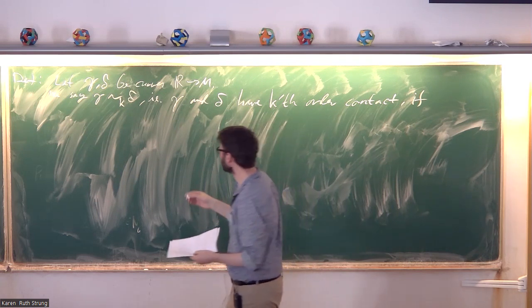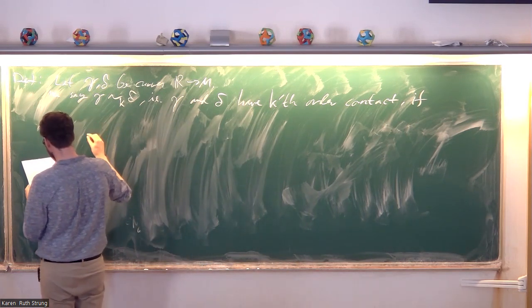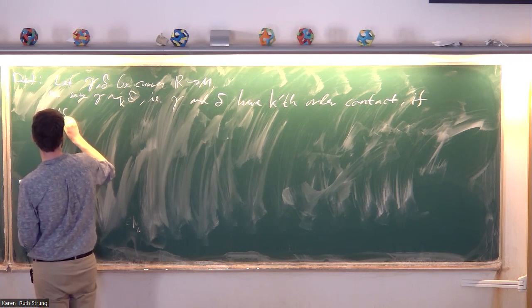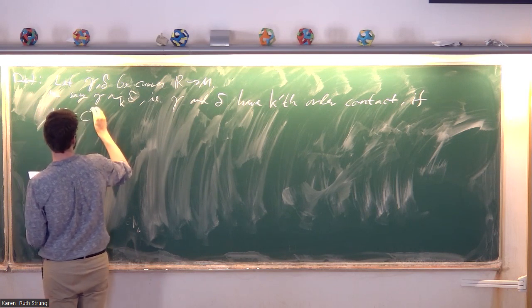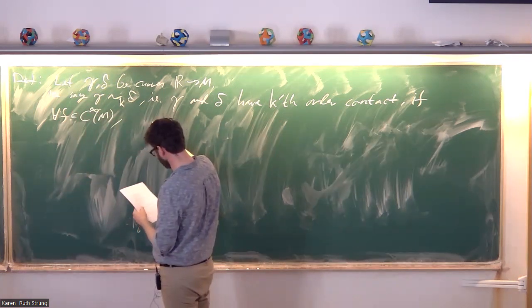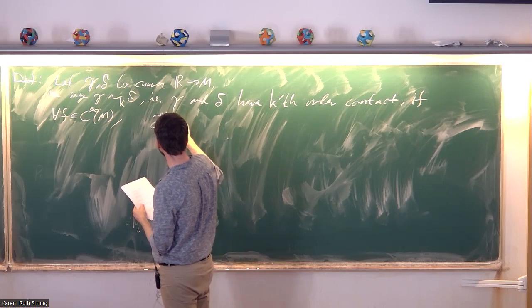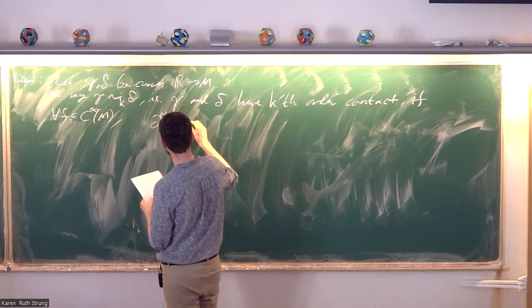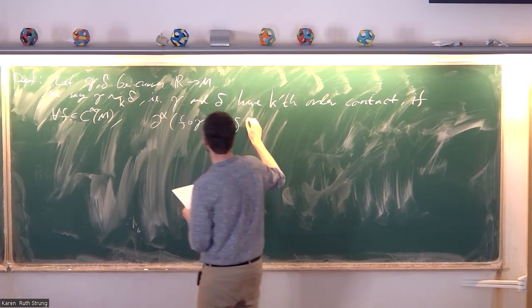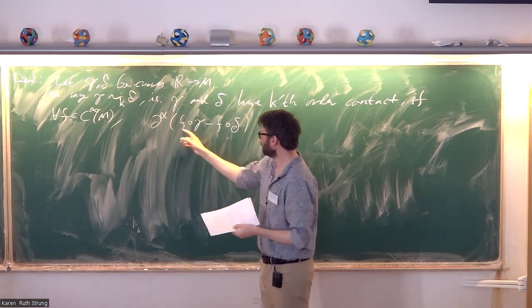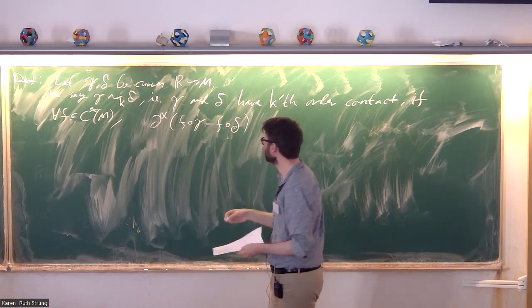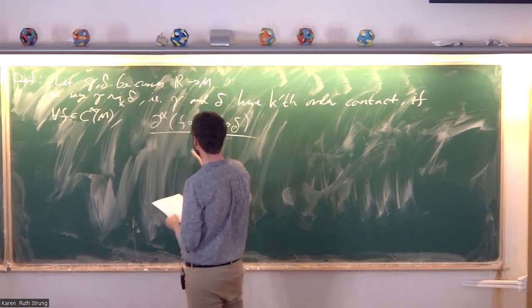So kth order contact, if for all functions, smooth functions even, so we're pulling back our function by gamma and delta to produce functions from R to R. And then we're differentiating them.